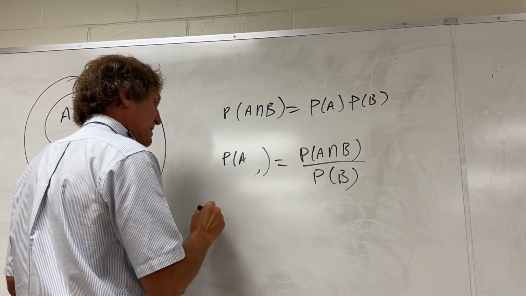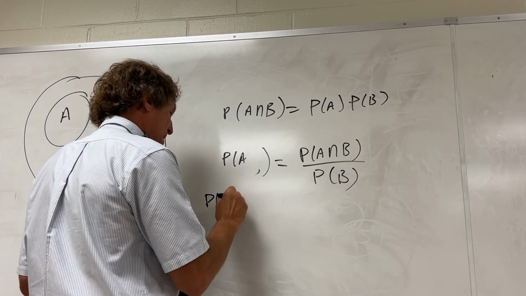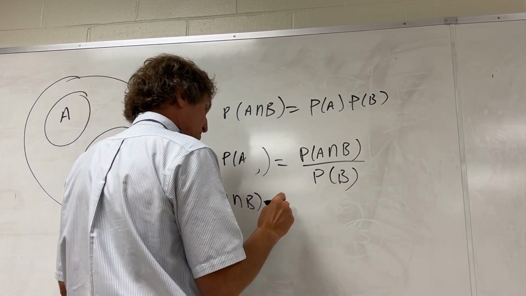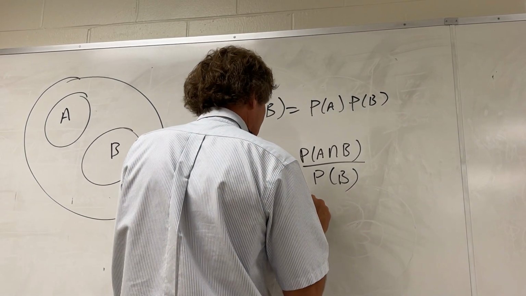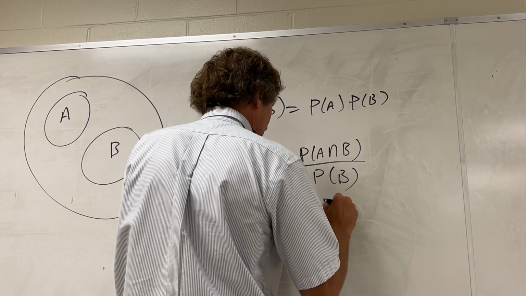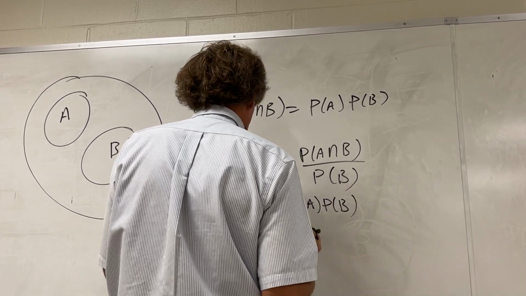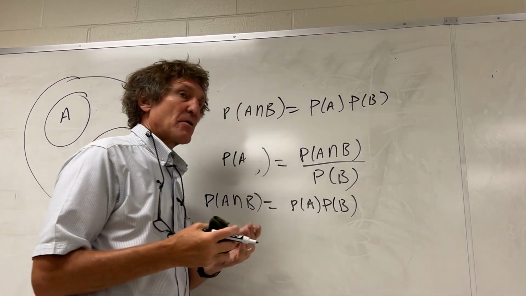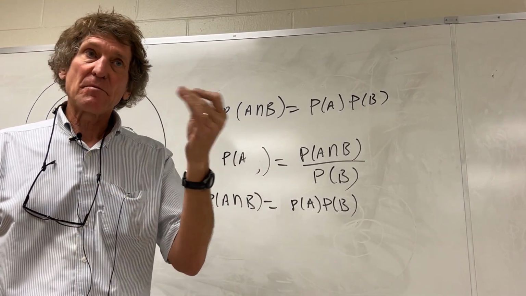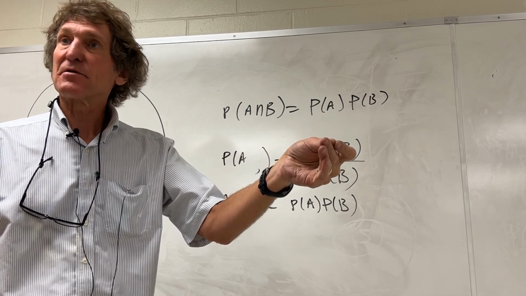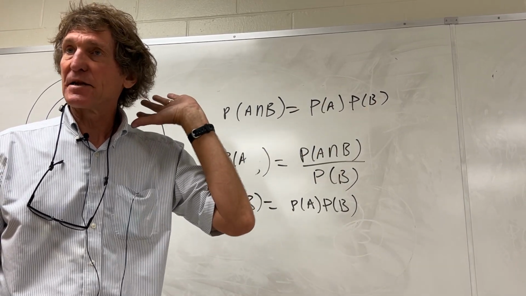So that means the probability of A intersect B is just going to be equal to the probability of A times the probability of B, or the probability of event A occurring and event B occurring concurrently. It's just the probability of the first times the probability of the second. You don't have to subtract any overlapping area.